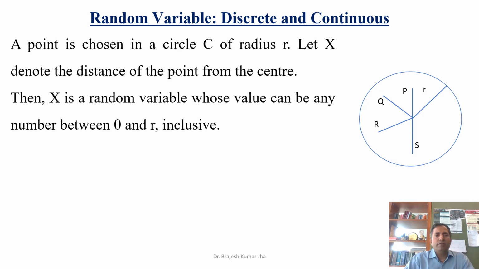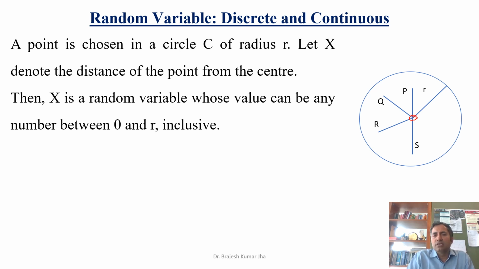For example, a point is chosen in a circle C of radius r. Let x denote the distance of the point from the center. So there is a center here, and you have a distance to a particular point.